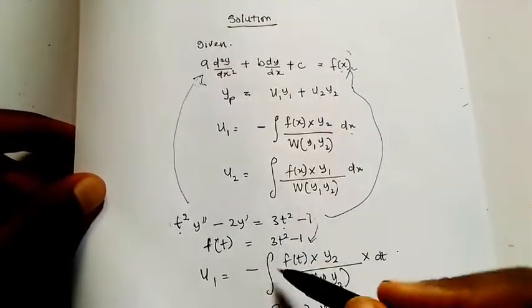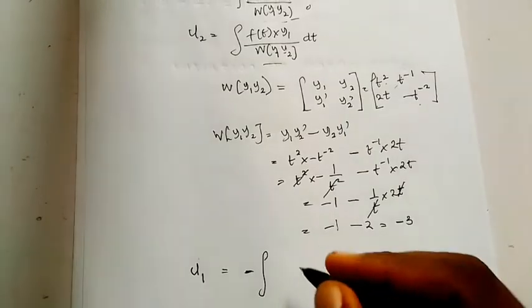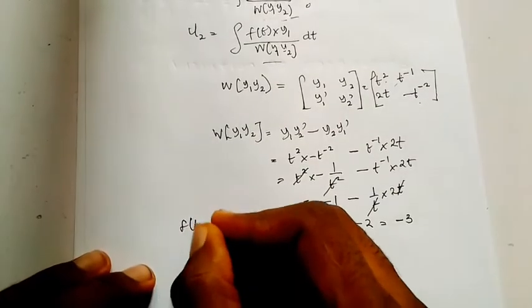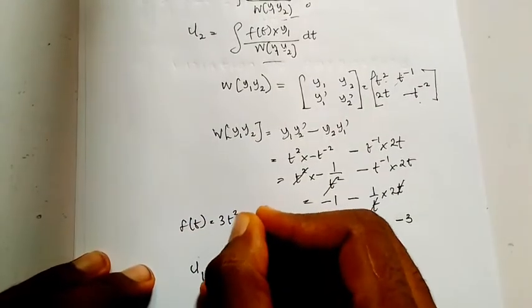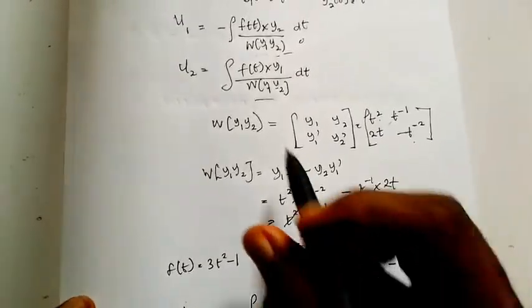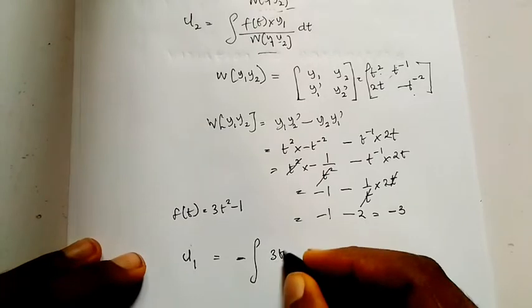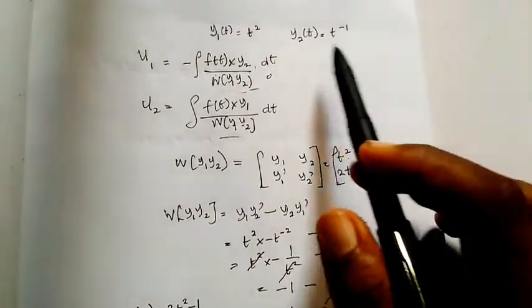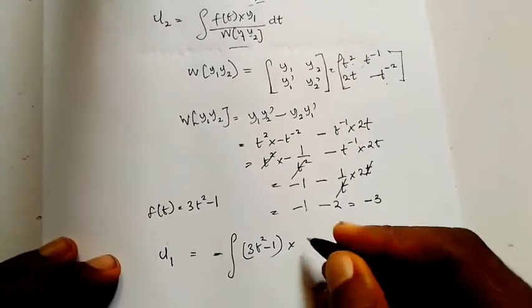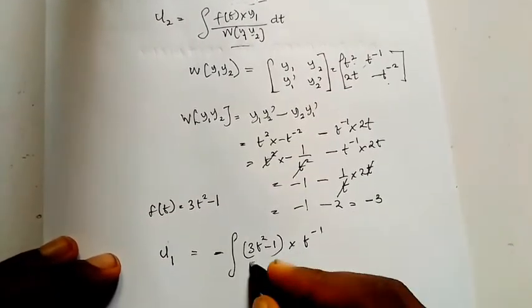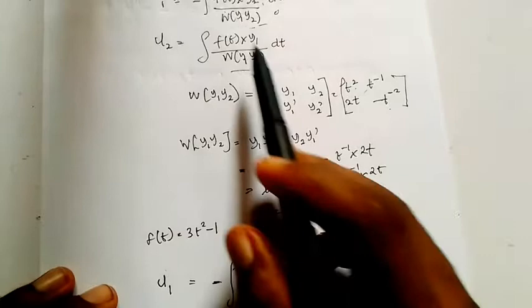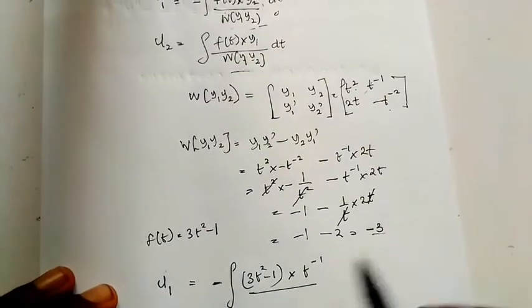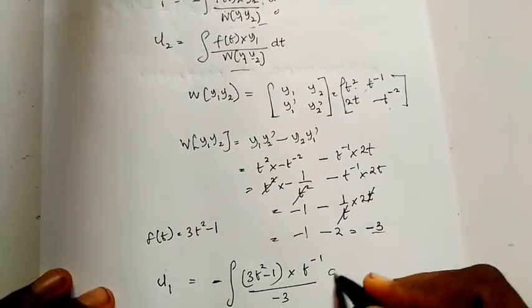Comparing this with this, my f(t) is 3t squared minus 1. So we're having my u1 is f(t) times y2. So that is 3t squared minus 1 times, what is my y2? My y2 is t raised to power minus 1, divided by my Wronskian of y1 and y2, which is minus 3, dt.